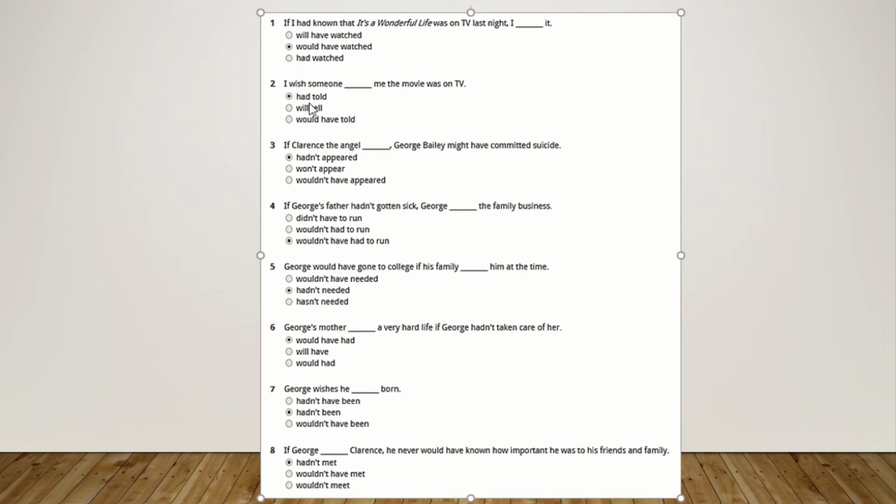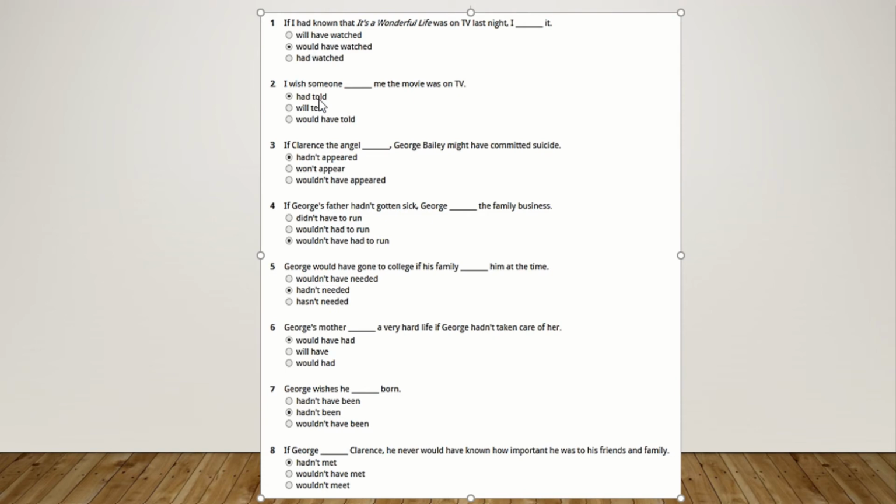Remember that with the other one, I say, I wish I had a car. I wish I played soccer. I wish I ate vegetables, right? Only the past tense and then the complement. But here we need the had always and the past participle of the verb.